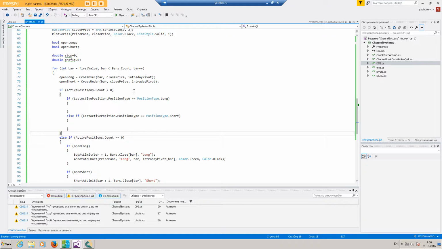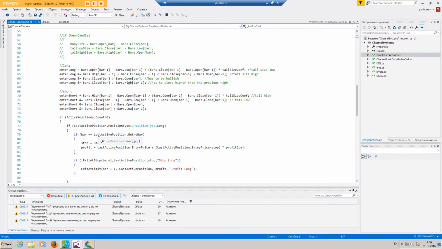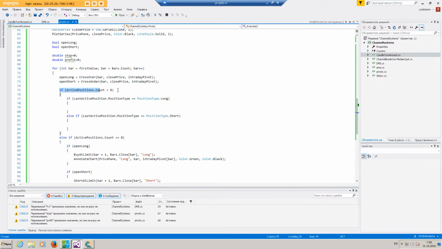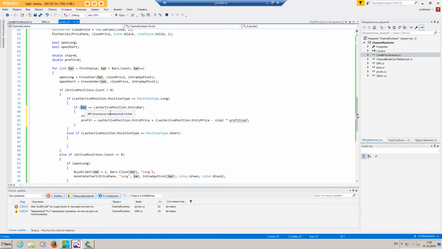So now let's set our stops, and we want to set our stops on the first bar, right? And I think I have that coded already somewhere, stop and profit. So it's done like this. So I have to tell Wealth, it's gonna go inside here in the first bar, right? And if we have a long position, so if the bar that we're on right now is actually the bar we're entering, we can set our stop wherever, and we can set our profit wherever.